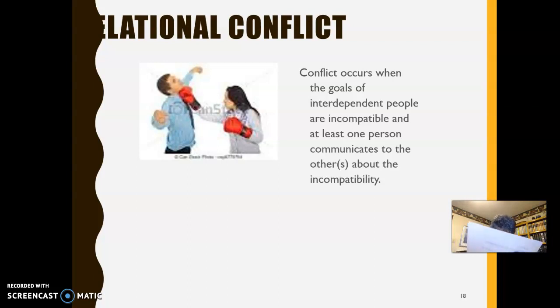As the slide says, conflict occurs when the goals of interdependent people are incompatible and at least one person communicates to the others about that incompatibility.